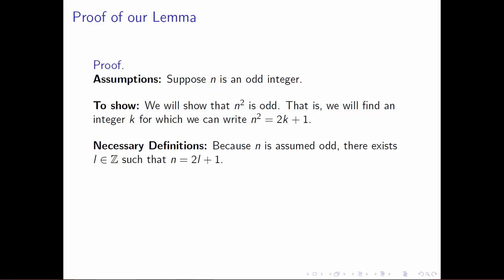So in this example, if n is 3, the k I would need to write n squared, 9, as 2k plus 1 would be 4, while the l that I need to write 3 as 2l plus 1 would be 1. Because k is standing for something specific, the integer that I need to write n squared as 2k plus 1, and l is representing the integer I need to write n as 2 times an integer plus 1, and these values could be different, I need to use a different letter to denote them.